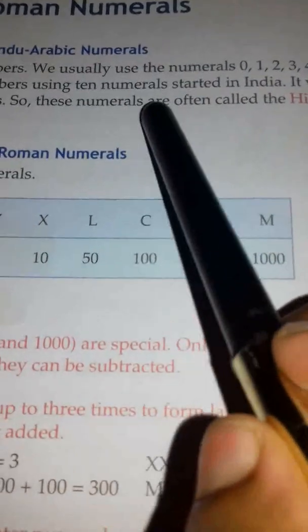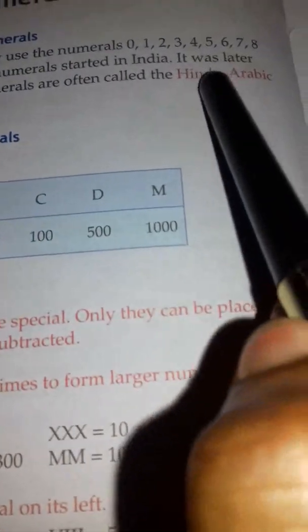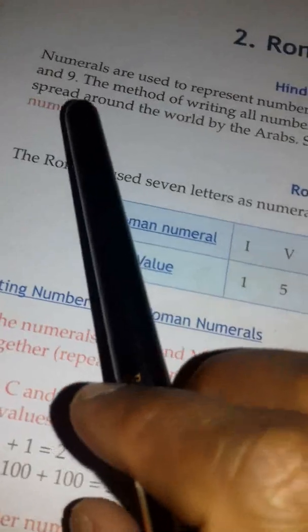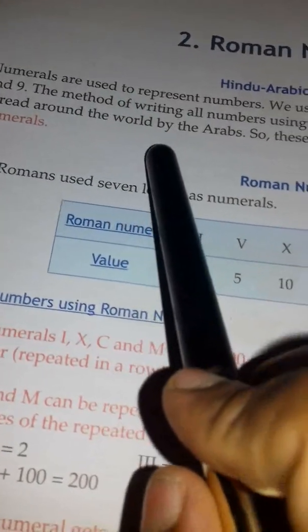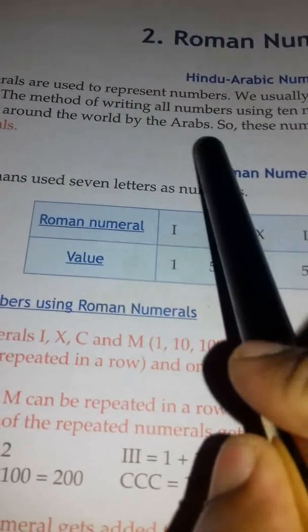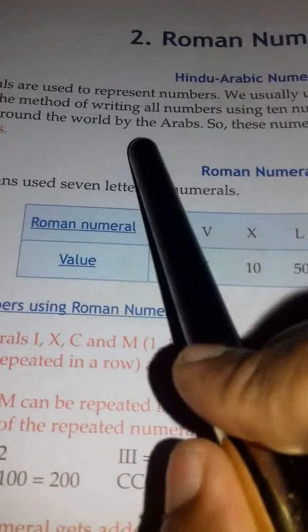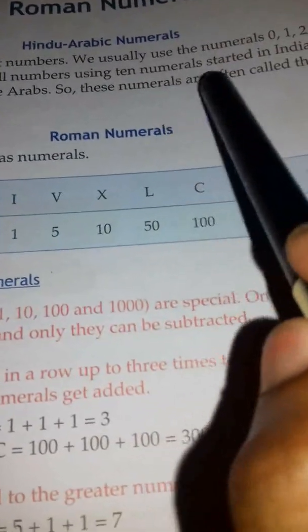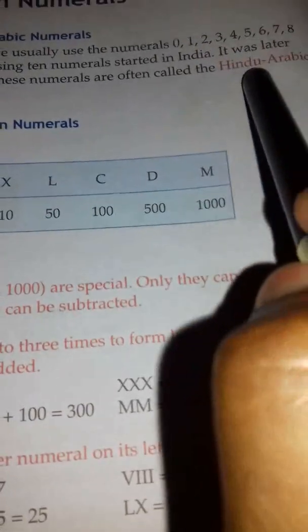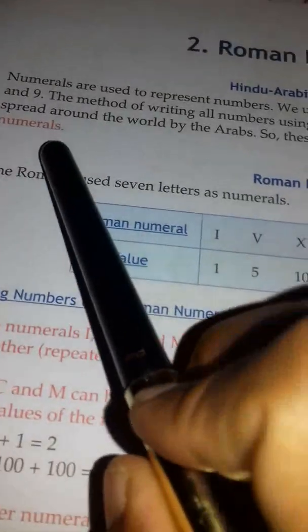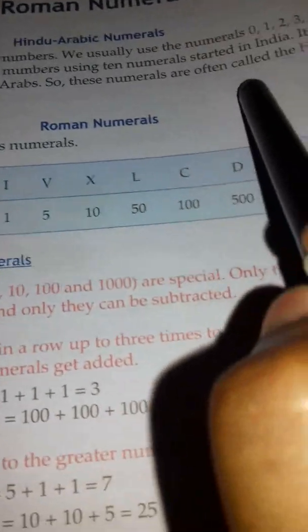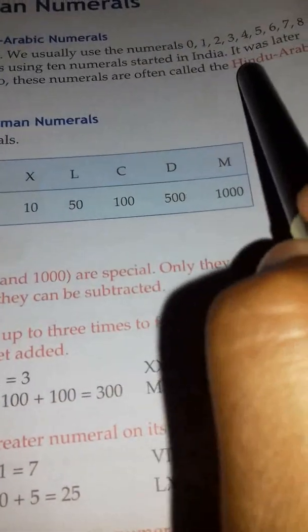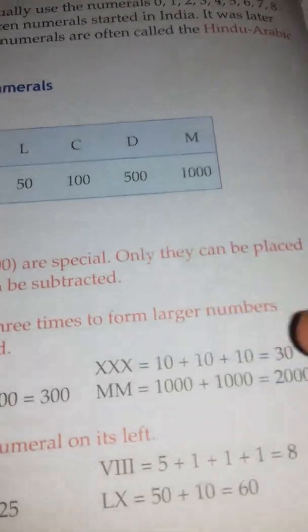So this method started in India. It was later spread around the world by the Arabs. After India, it has spread around the world by the Arabs. So these numerals are often called Hindu-Arabic numerals because it first started in India, that is Hindu, and later on the Arabs, so Hindu-Arabic.